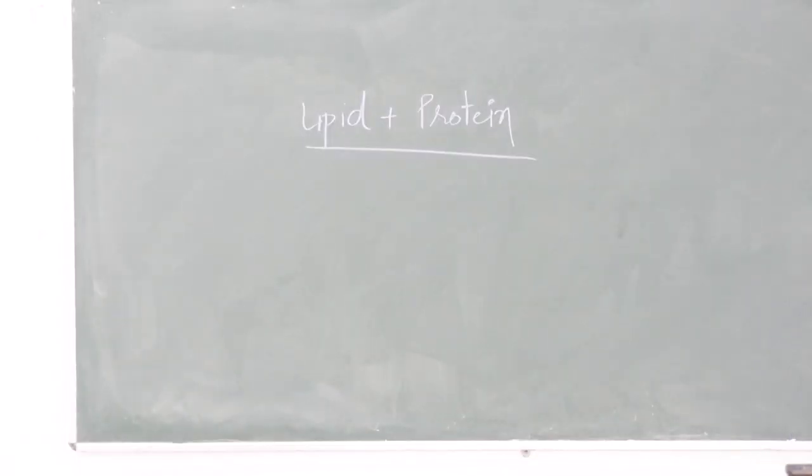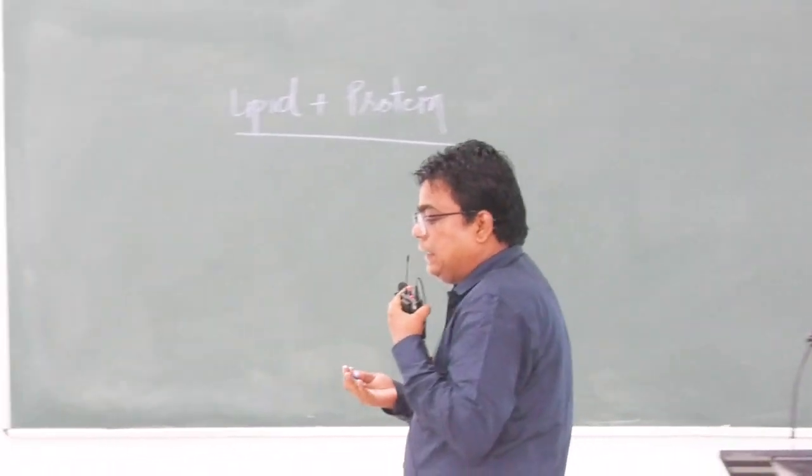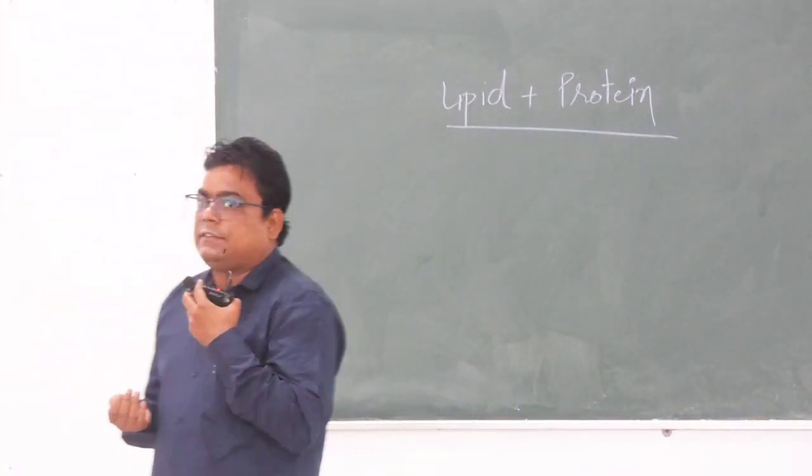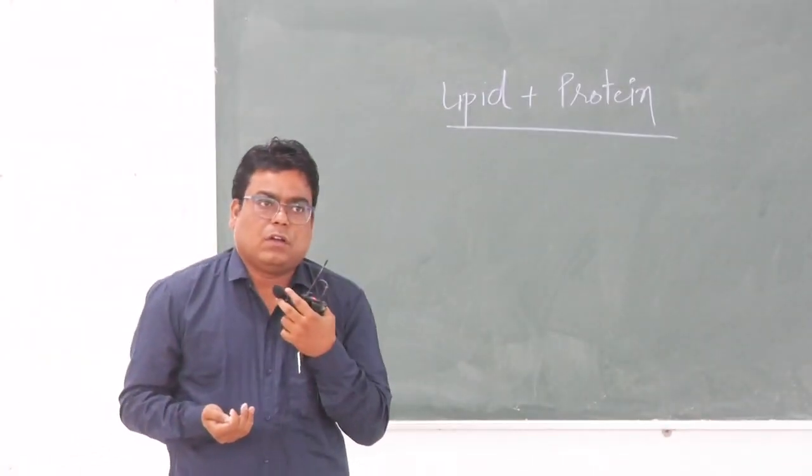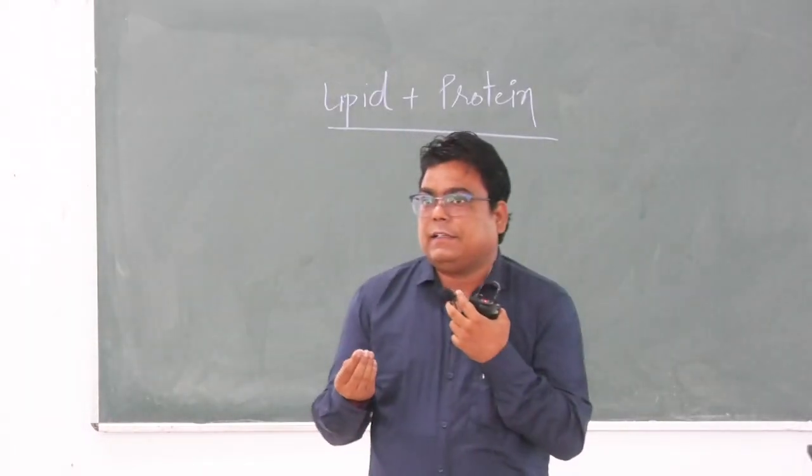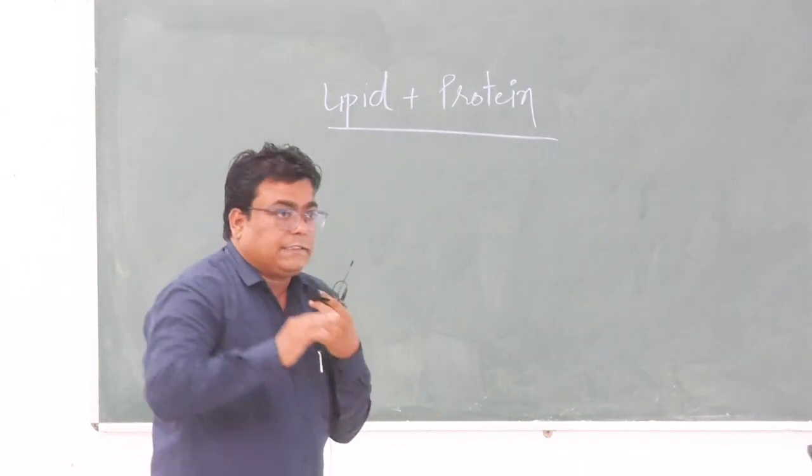When we see, students, when we fractionate these lipid molecules, the total lipids present in the blood, they are separated on the basis of their density and on the basis of their electrophoretic mobility.